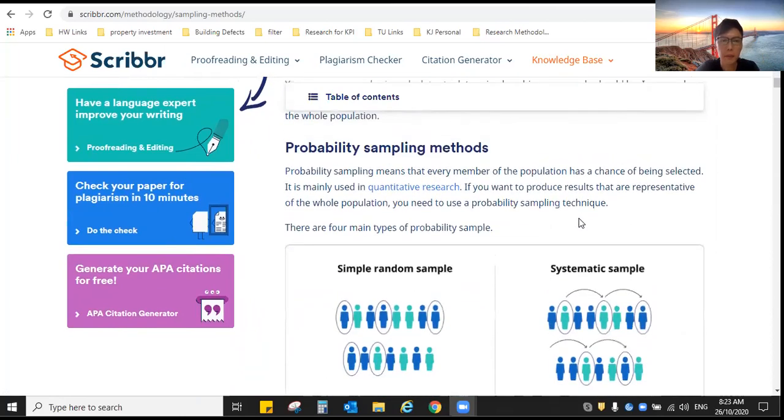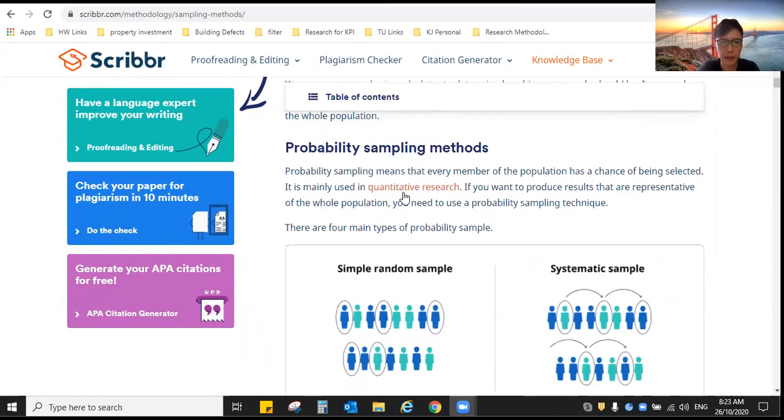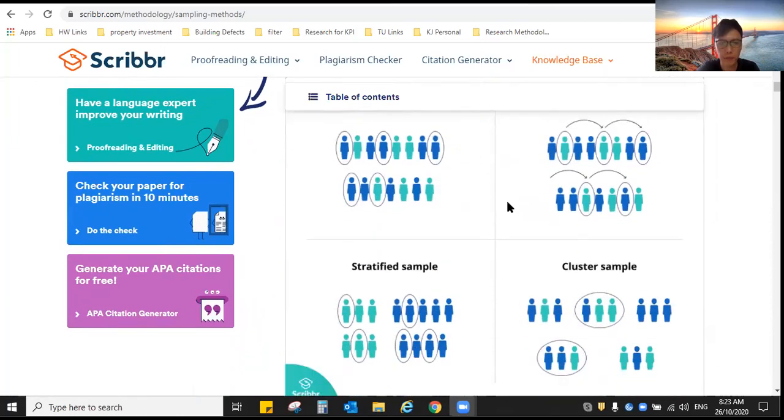Next, probability sampling. For probability sampling, we have four sampling methods. These are all four.